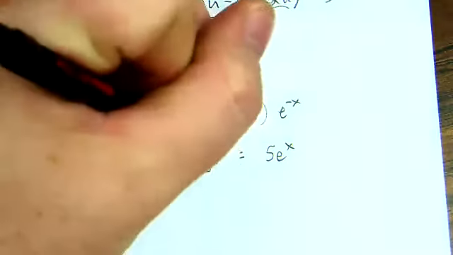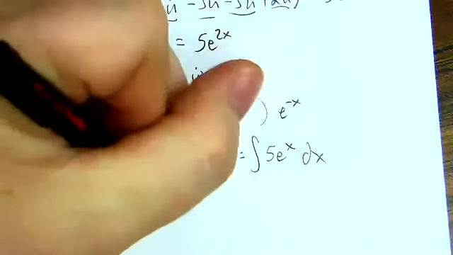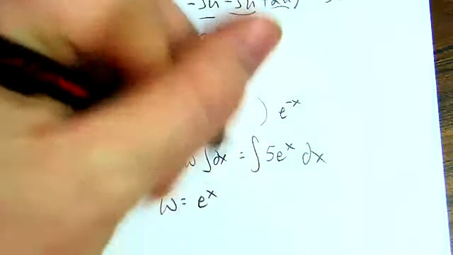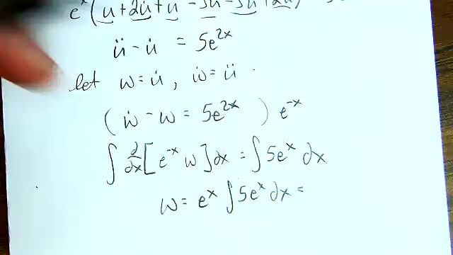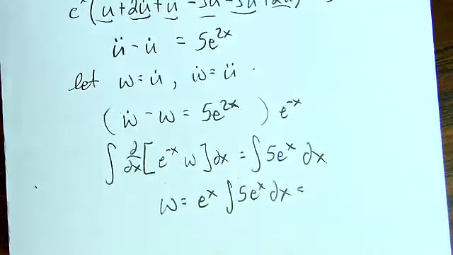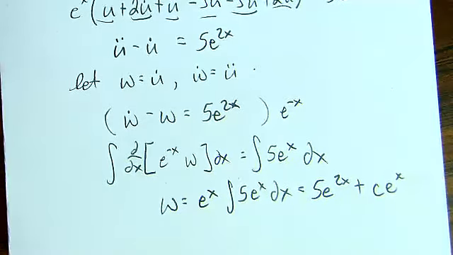And now I'm going to integrate both sides with respect to x. And get that w is equal to e to the x times the antiderivative of 5e to the x dx. The antiderivative of e to the x is e to the x. So this is 5e to the 2x plus c e to the x.